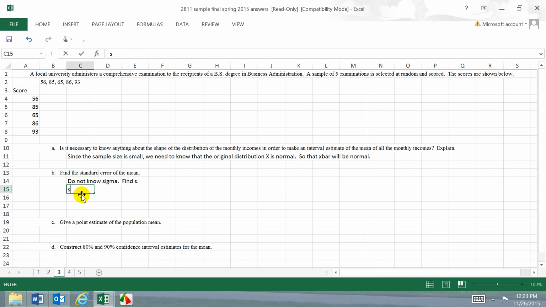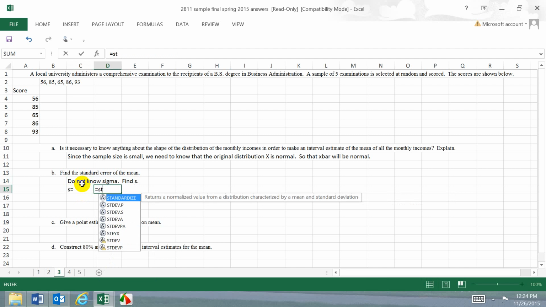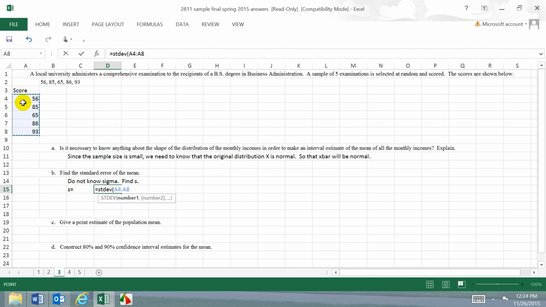S is equal to, now I can either write STDV or STDV.S, because .S is for a sample and this is a sample. Either one gives me the same answer.